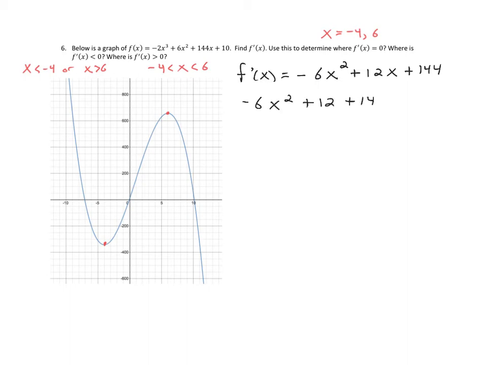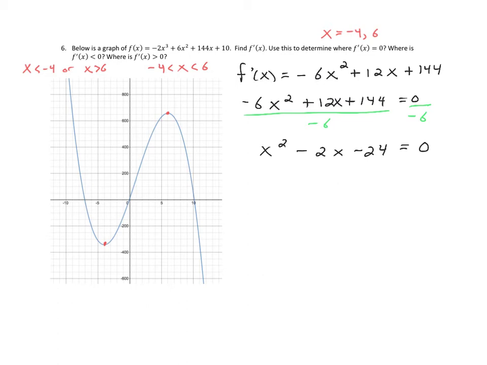I think I can divide into all of those terms by -6. So I'll divide both sides by -6. And when I do that, I get positive x squared minus 2x, and then 144 divided by 6 is -24.